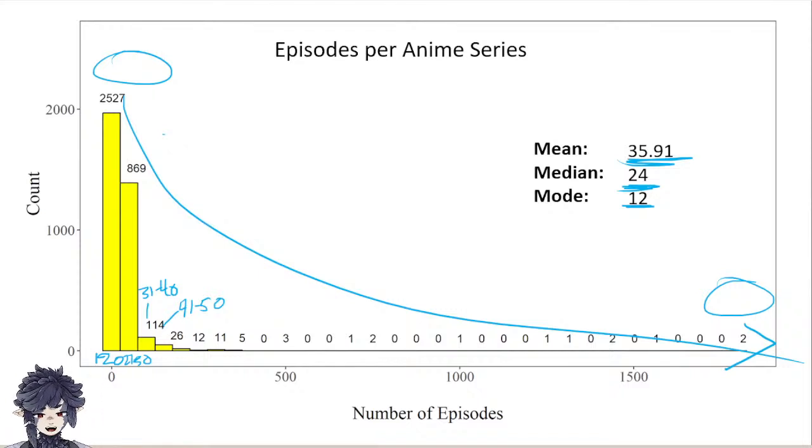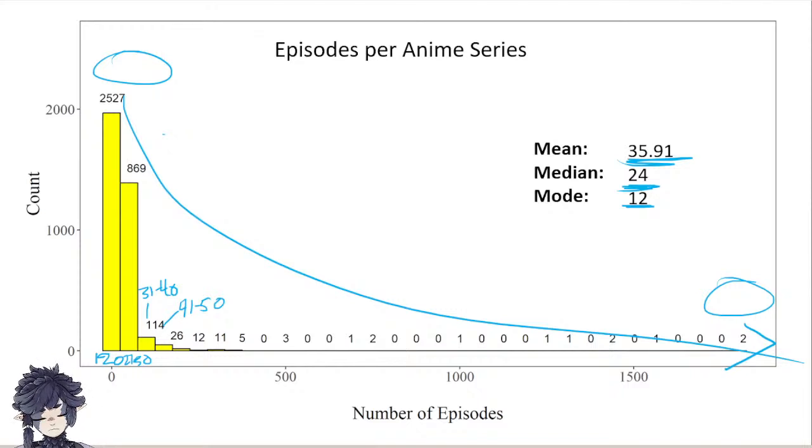So let's say I want to get my friend to start watching anime, and they want a pretty low commitment. They're like, I don't know if I like it yet. I'll watch one series. I don't even know if I have time to watch one series. How long is the typical anime? Do you think I'd want to tell them the mean, the median, or the mode?